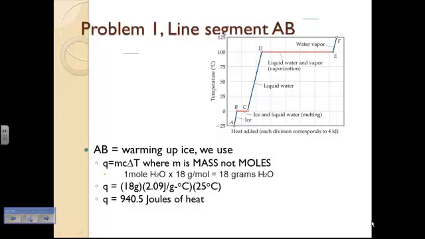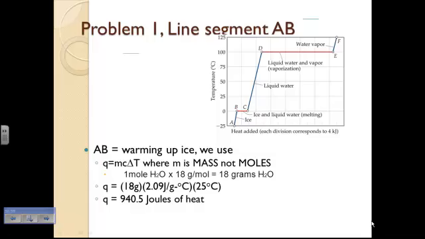You hit 18 times 2.09 times 25 degrees. Your screen should read, as mine does, 940.5, and that stands for joules of heat. We've had to input 940.5 joules of heat to move from point A to point B on our graph. Line segment 1, an MC delta T problem.